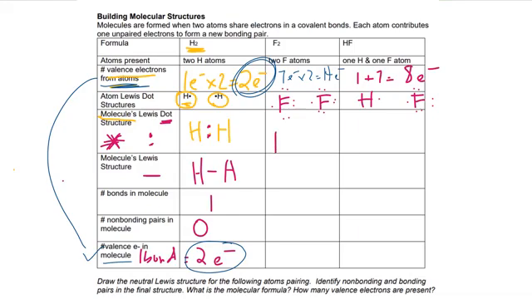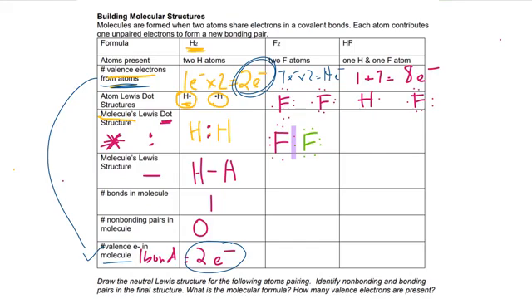We've got F. I'm going to use 2 different colors for F's here so we can just see them a little bit better. Okay, change that up. So I've got my 7 from my 1 F, and let's do 7 from the other F. So we can see right here where those single electrons of each F form a bond.